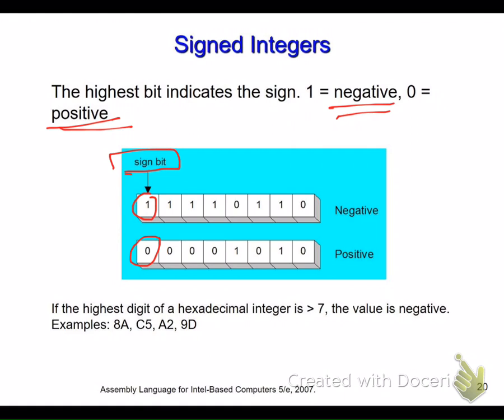So if the highest digit of a hexadecimal integer is greater than 7, the value in that case is negative. Why? Because 7 means 1, 1, 1. If it is greater than 7, I would like to write something in this location, which would probably be 1.